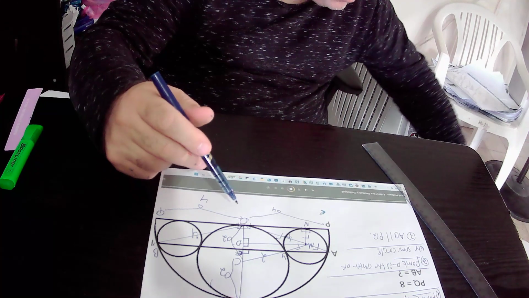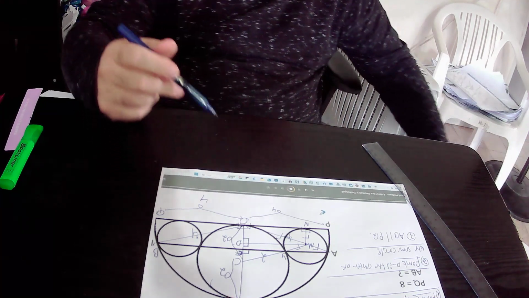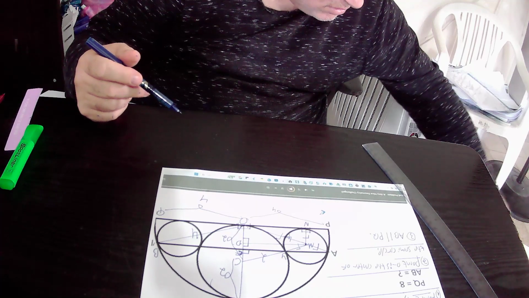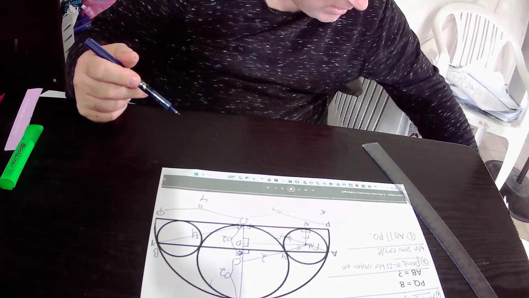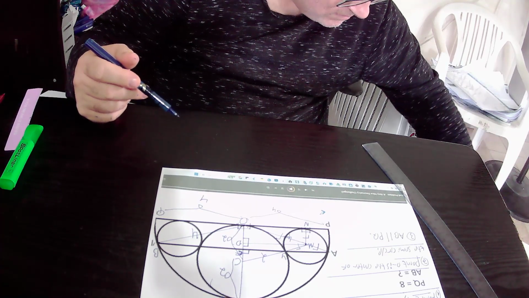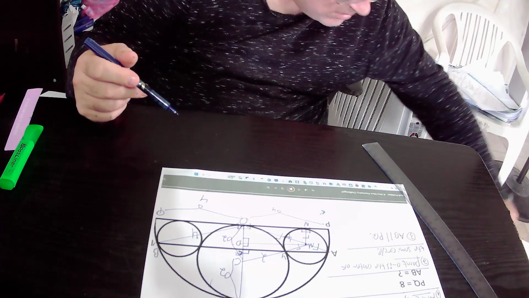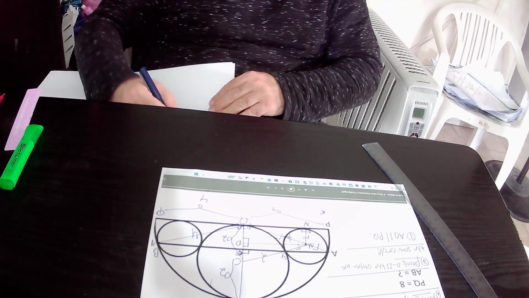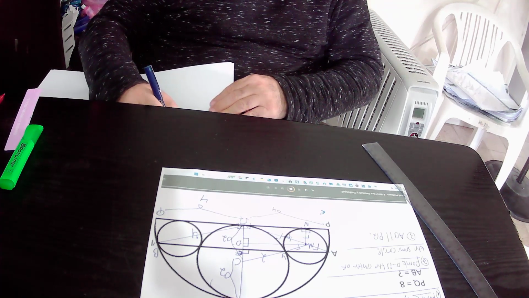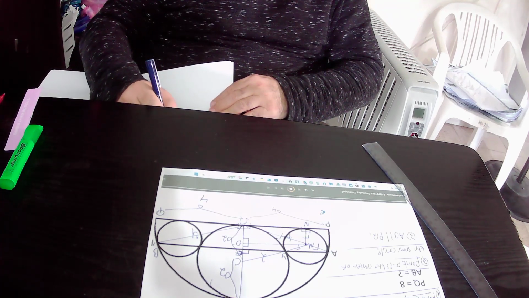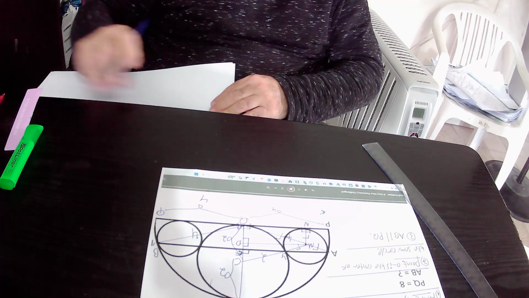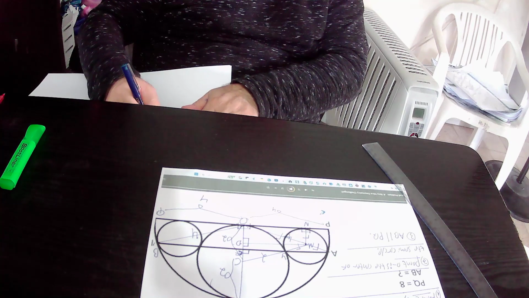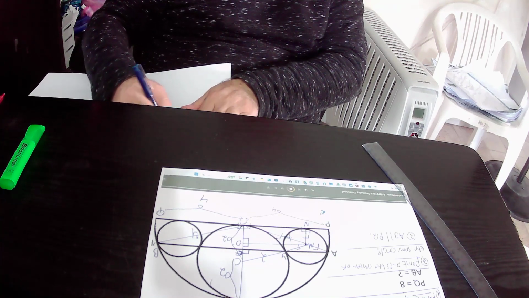So I will write down rule number 3. Rule number 3 states that the sum of one-sided angles between parallel lines is equal to 180 degrees.